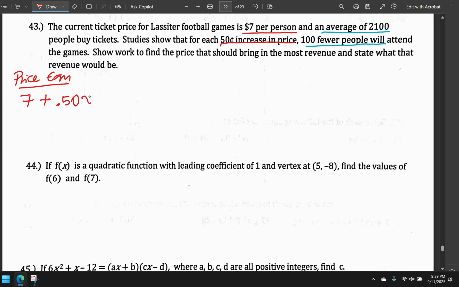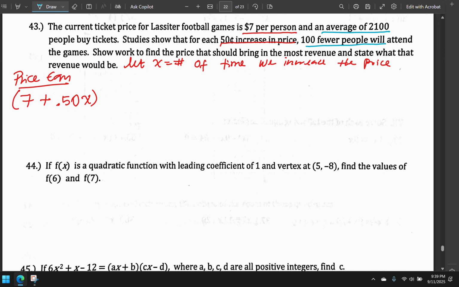Each time will be represented by x. In other words, let x equal the number of times we increase the price. And that is going to be our price binomial.